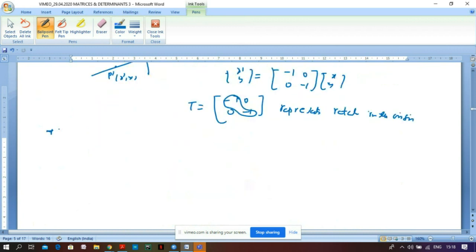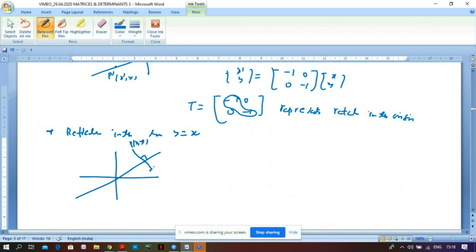So one is reflection in the line y equal to x. For that, we have a point P, that is x comma y, and P prime is x prime, y prime. Reflection in the line y equal to x gives x prime equal to y and y prime equal to x. So x prime is y means I can write this as 0 into x plus 1 into y, and this is 1 into x plus 0 into y.